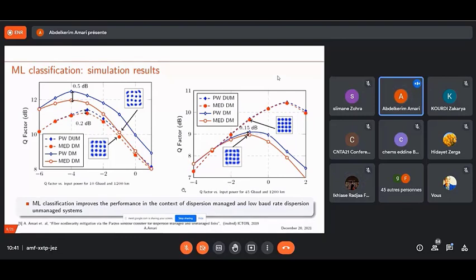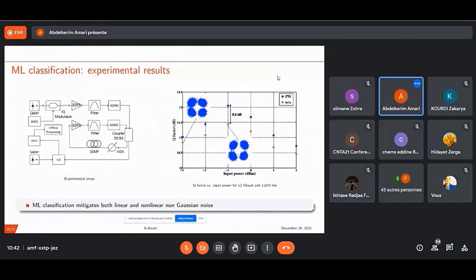So mainly this technique works well for short reach, low baud rate, and also dispersion managed systems, but for long haul with large bit rate, which is the next generation system, with these system parameters we do not get performance improvement.